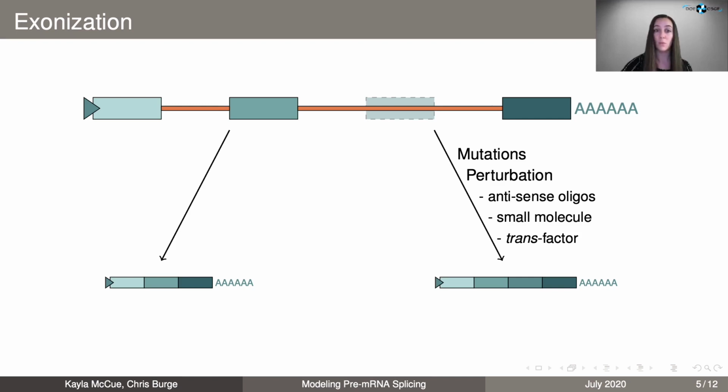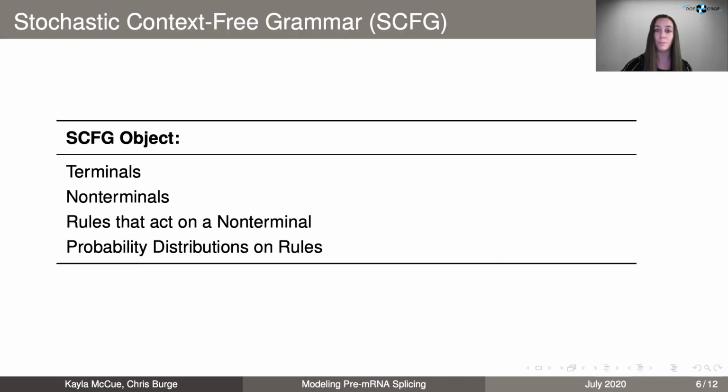Evolutionarily speaking, the majority of these exonization events result in frame shifts and premature stop codons, disrupting the function of the protein or triggering the nonsense-mediated decay pathway. In all likelihood, this would also be true of exonization via the interventions I just mentioned. However, this could be a desired and beneficial outcome in the case where one is interested in downregulating or silencing the expression of a problematic gene.